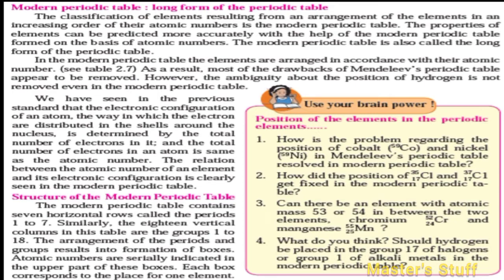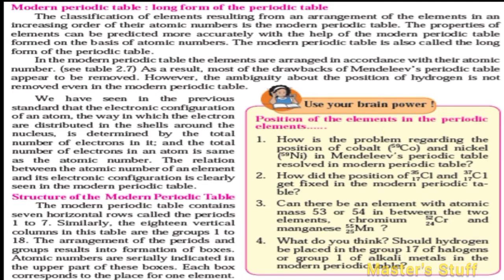It became easy to predict the properties of the elements more accurately with the help of the modern periodic table. Most of the drawbacks that were there in Mendeleev's periodic table were removed in the modern periodic table due to the arrangement of the elements according to the atomic number.